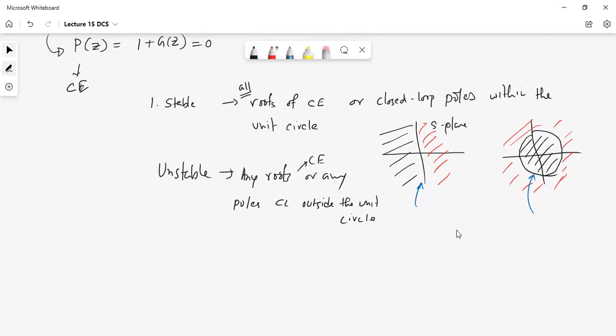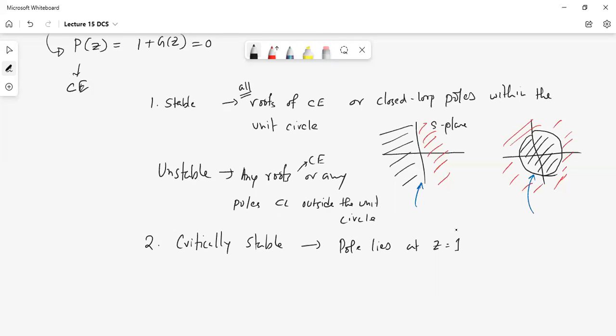Next is the critically stable system. For a critically stable system, if a pole lies at z equal to 1, that means on the unit circle, then the system is called critically stable.